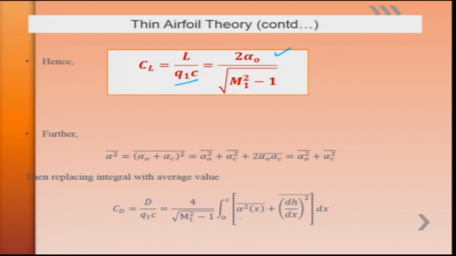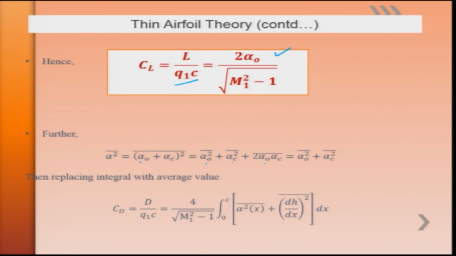in the case of drag a slightly different story comes. If you take the square of alpha and then take the average, you have alpha naught plus alpha c, whole square, then averaged. You will obtain alpha naught square average plus alpha c square average plus 2 alpha naught alpha c average, that is, a plus b whole square gives a square plus b square plus 2ab.